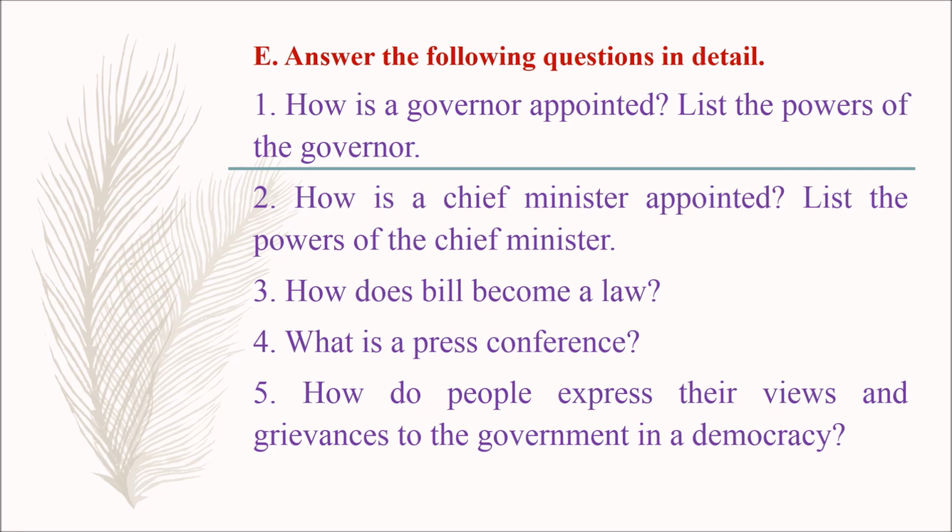Question number 3. How does a bill become a law? Question number 4. What is a press conference? Question number 5. How do people express their views and grievances to the government in a democracy?